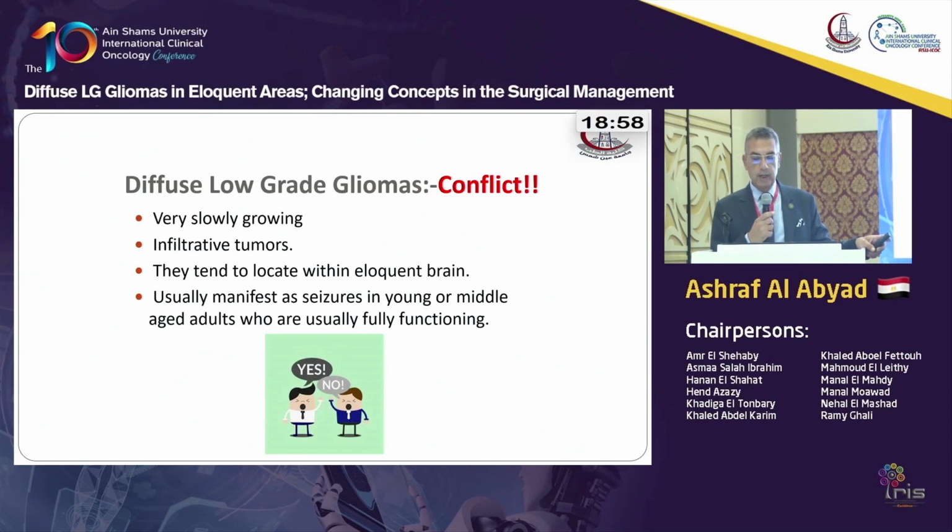They tend to locate within eloquent brain and usually manifest as seizures in young or middle-aged adults who are usually fully functioning. This clinical scenario leads to a conflicting decision between observation and intervention, fearing the potential neurological consequences that might occur due to damage to these eloquent areas during removal of the tumor.